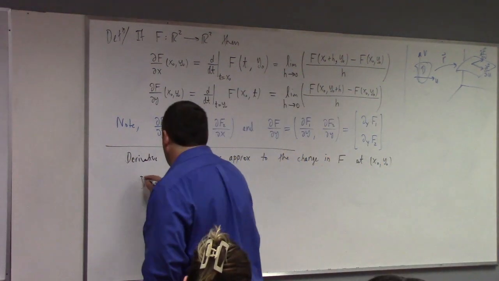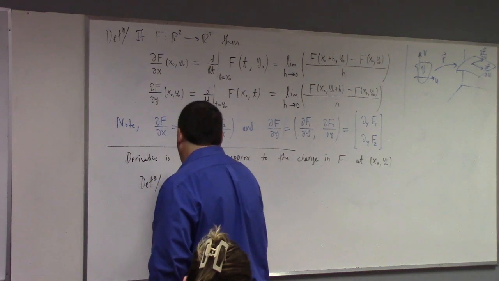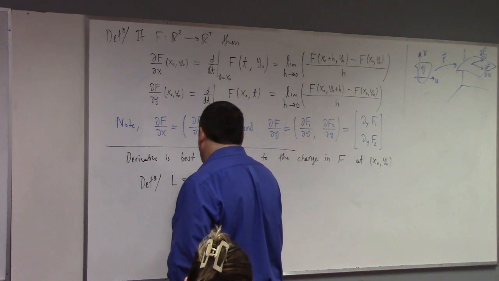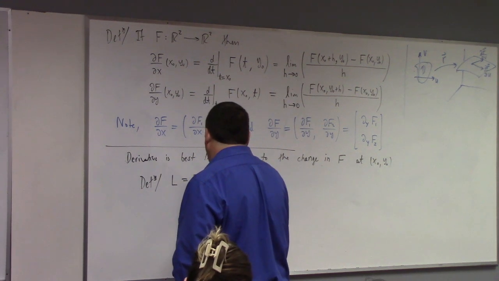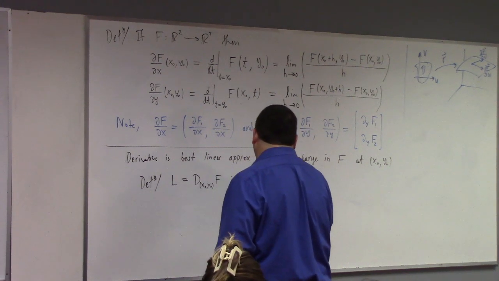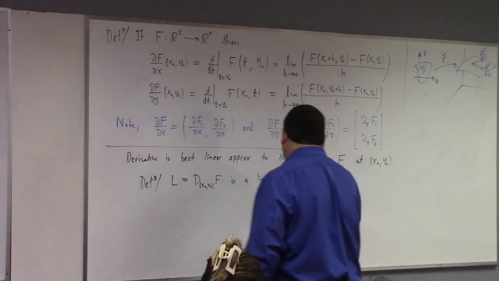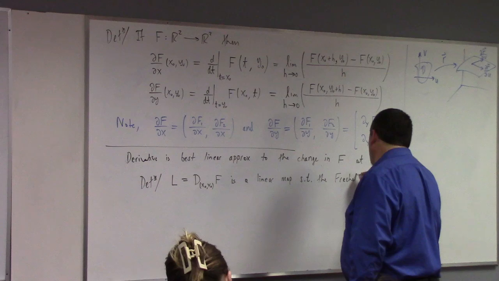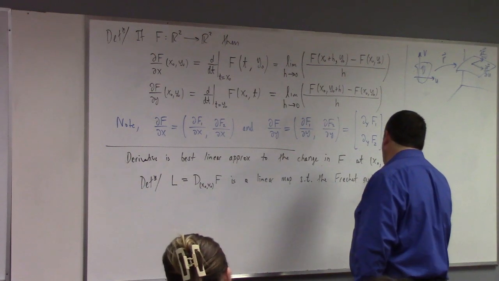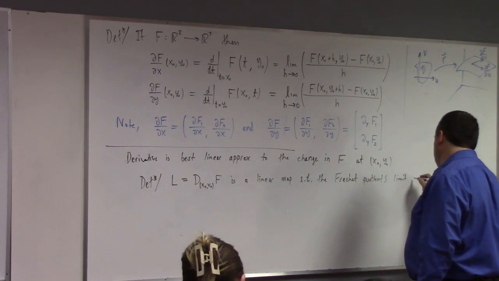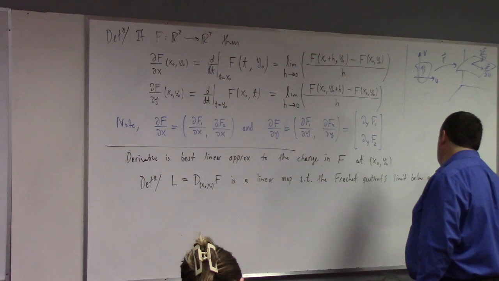Definition: L, which we often denote by the differential at x naught, y naught of f, is a linear function or linear map such that the Frechet quotient limit below exists.